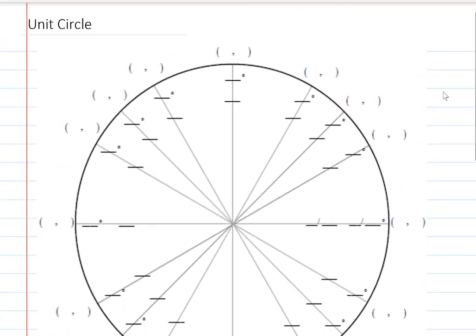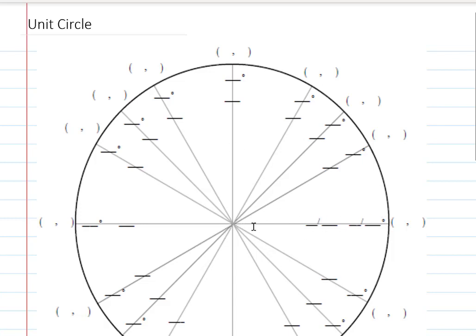All right, guys. So we now are ready to talk about the unit circle and fill in this unit circle that we're going to be using for the rest of the semester and moving forward too. So the unit circle is just a circle with radius 1. The word unit means 1, and this is a circle with radius 1.